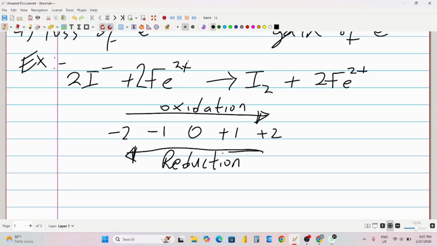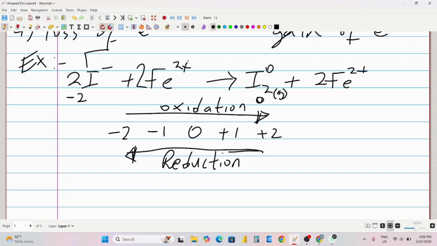So going back to the question, iodine is going from -2 to 0. We say that any substance in its molecular state or atomic state should be considered with a charge of what? 0.